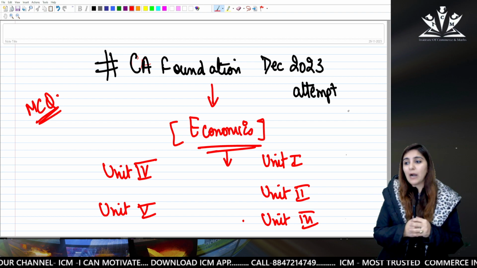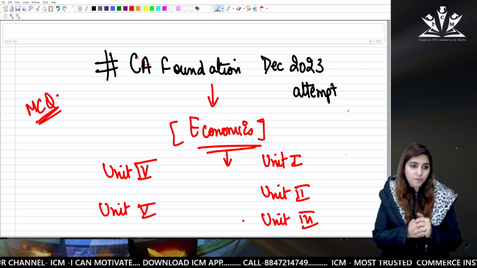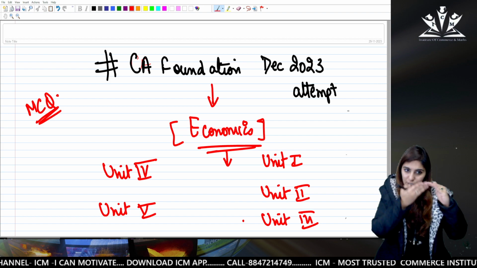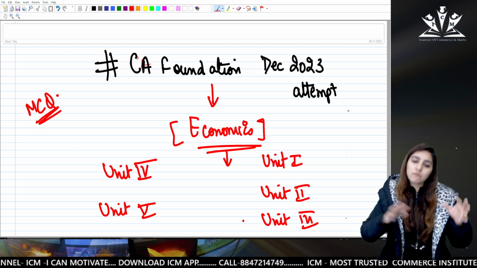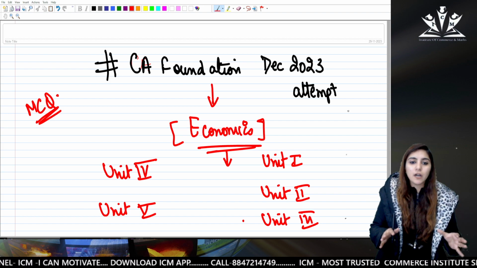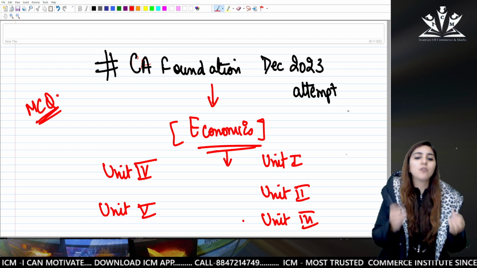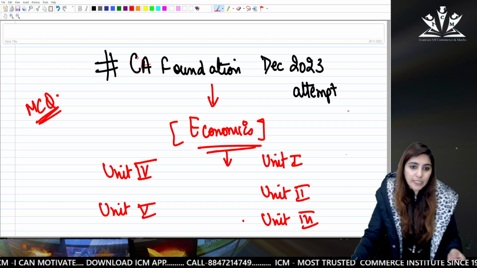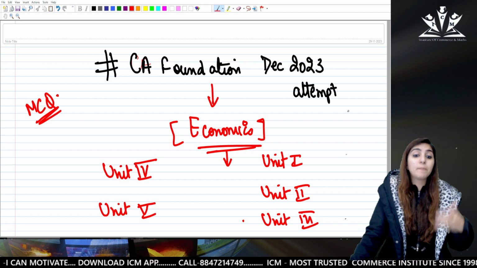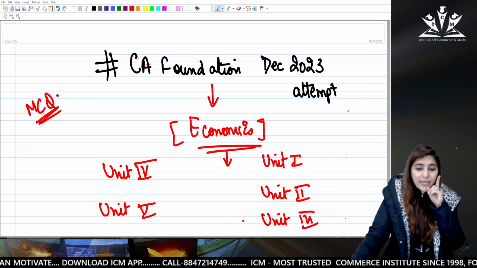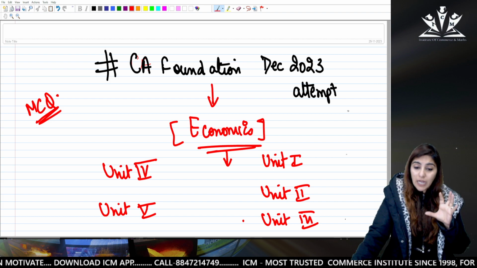Suppose we talk about business economics features. If the word written there is normative in the book, even though other options would also be moving around the same meaning but not the exact word as in the book, then your answer has to be normative. Or your answer has to be pragmatic if we take the other feature. So you have to be very clear with the wordings.